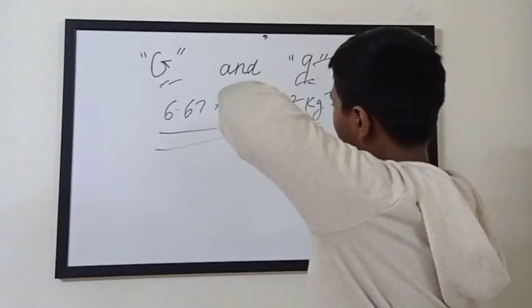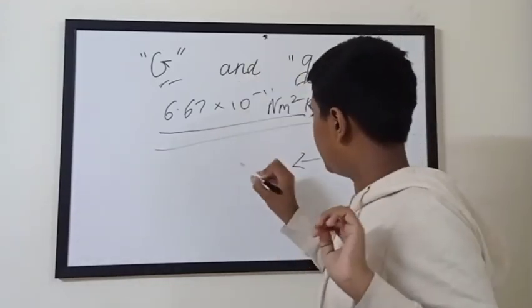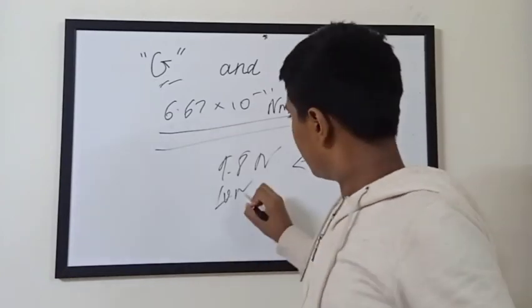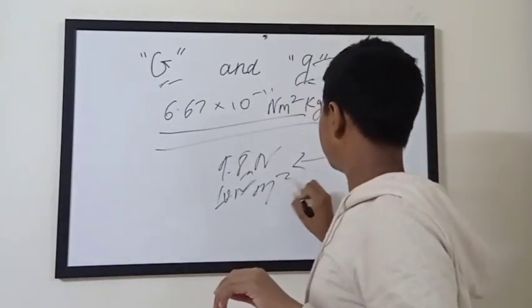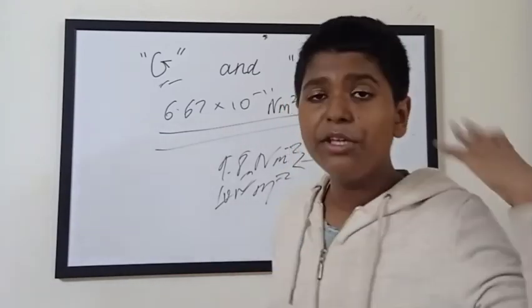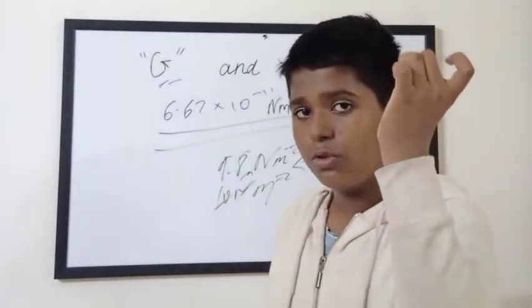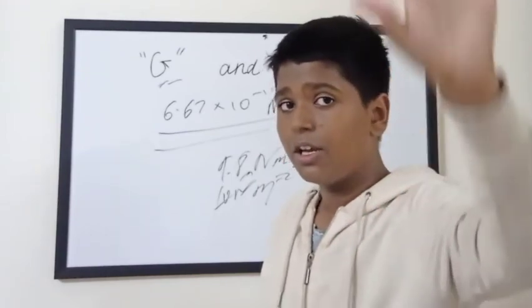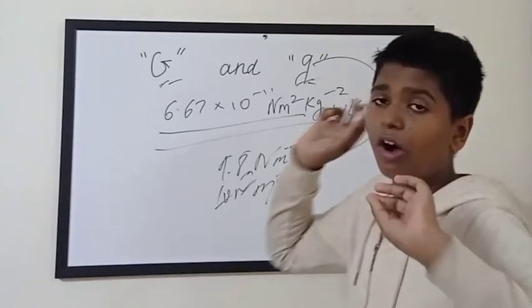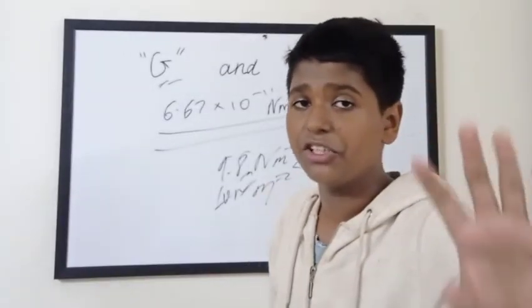Whereas the value of this small g, 9.8 newtons or 10 newtons, you can say, Newton per meter square, this value is going to change. Why is it going to change? Because this value is the acceleration.